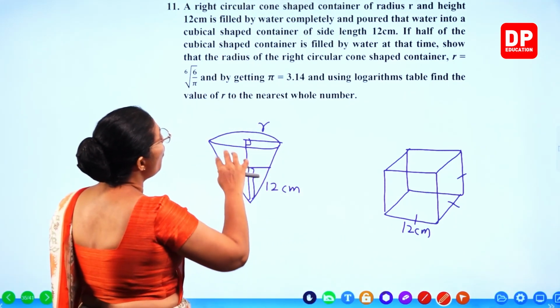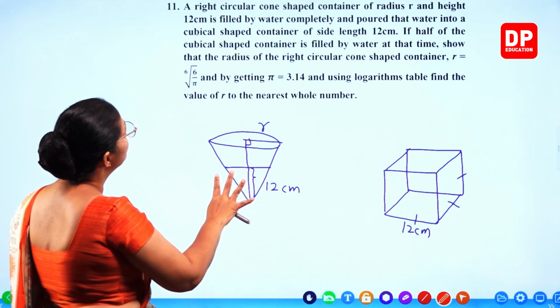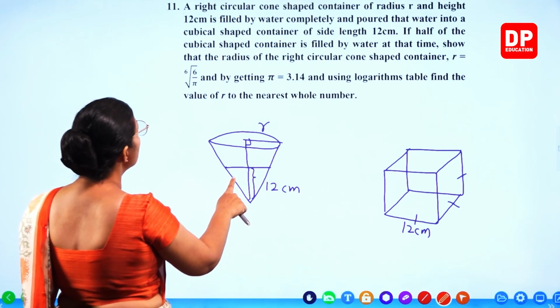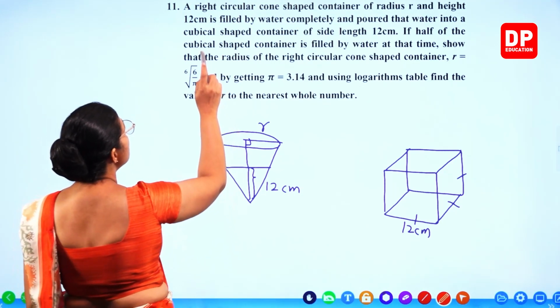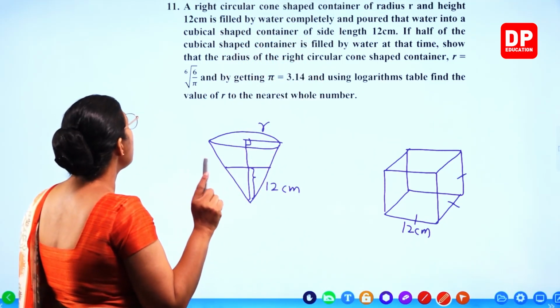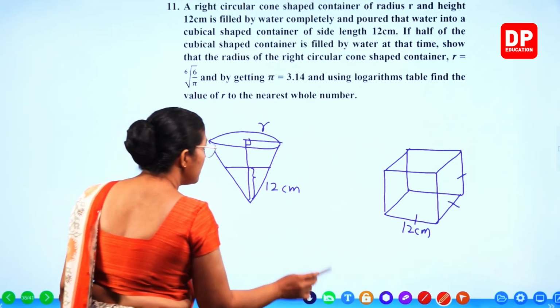So when you pour all this water, here I misread this one. Can you see? It says a right circular cone shaped container of radius r and height 12. So this height is not 12.